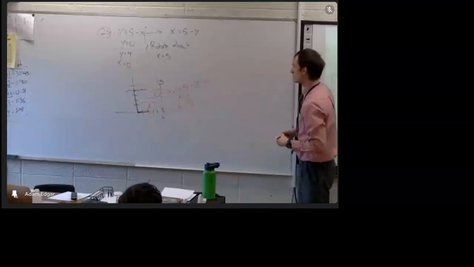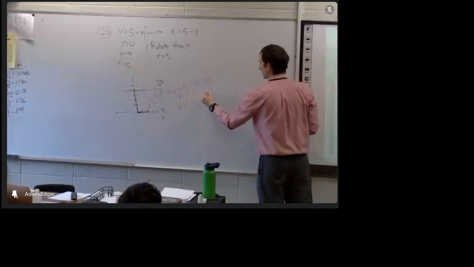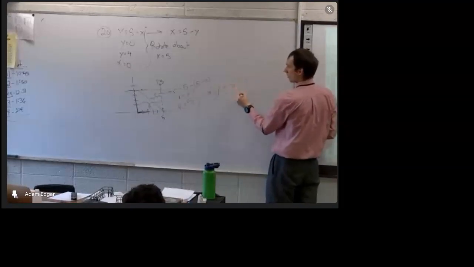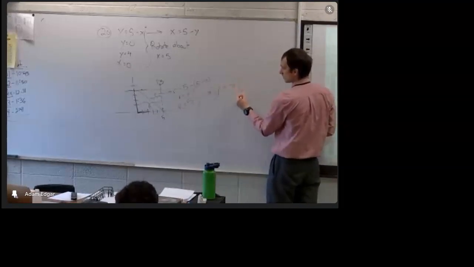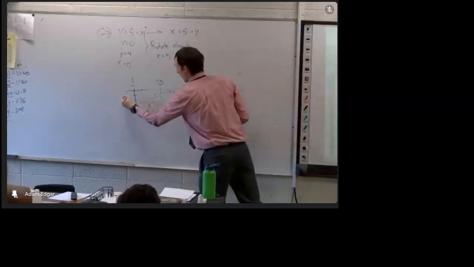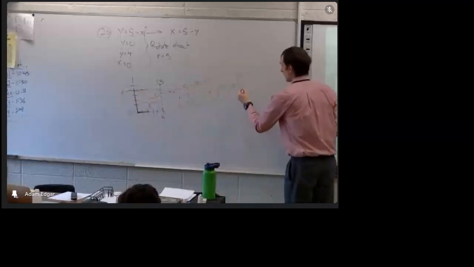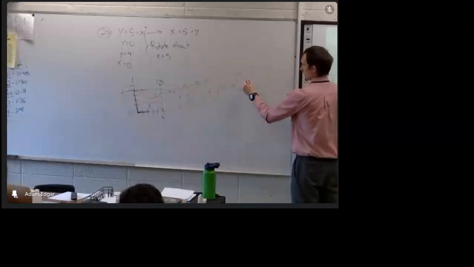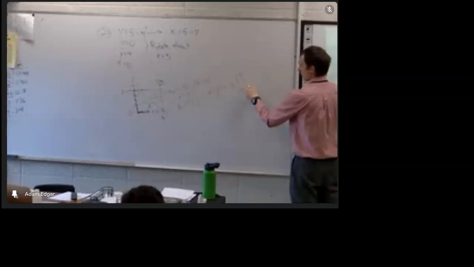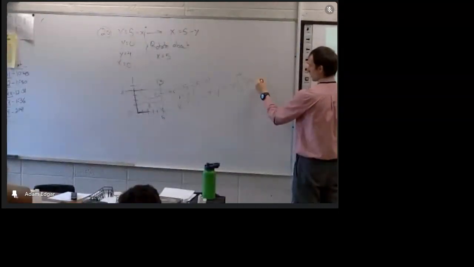And so we can put these things together and say our volume formula is going to be pi times the integral from 0 to 4, because we're going up the y-axis. Big R squared is 25, and little r squared is y squared.